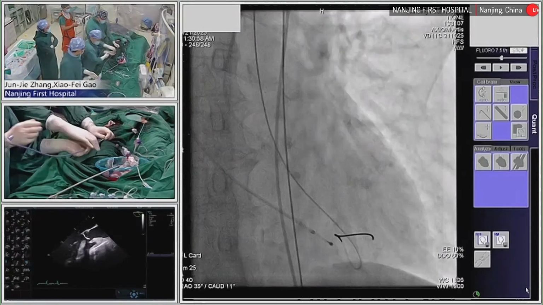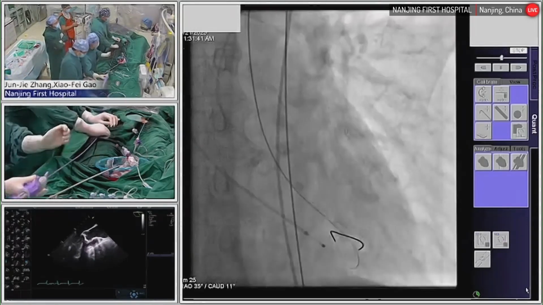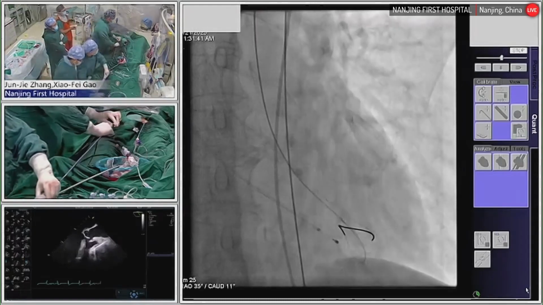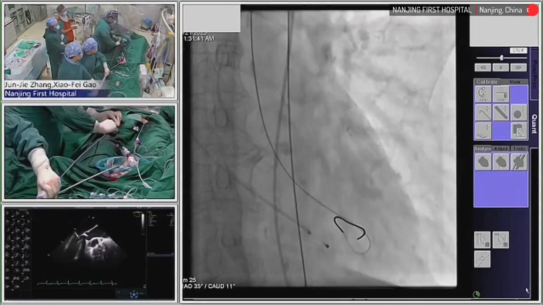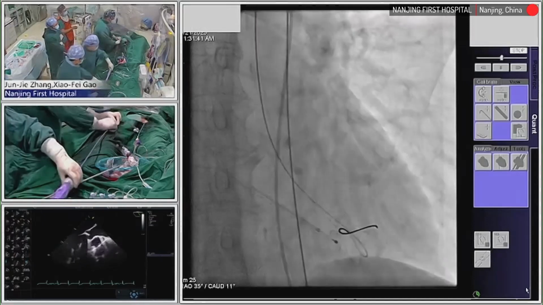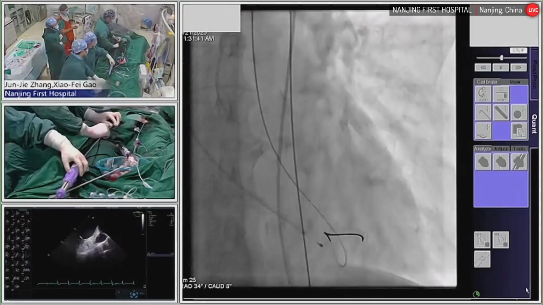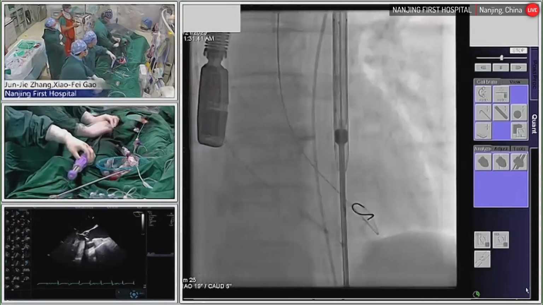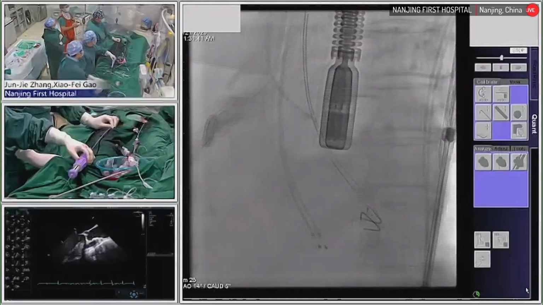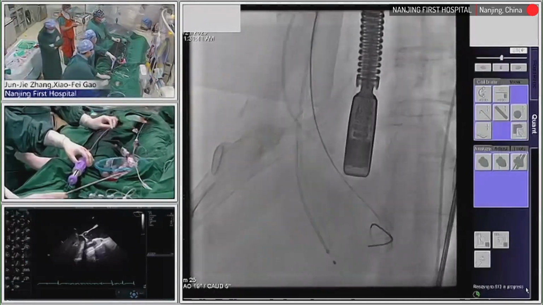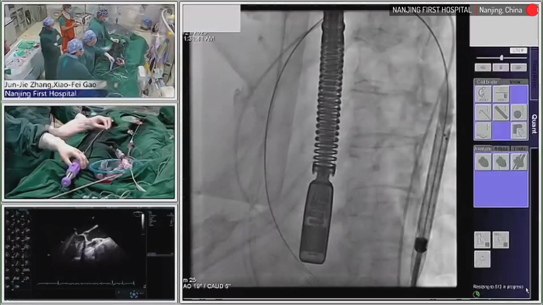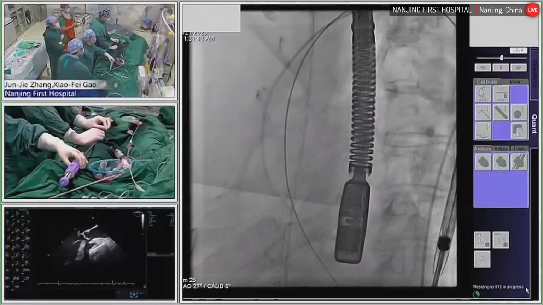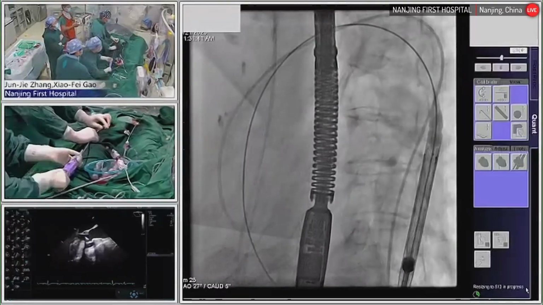According to the CT analysis, we designed to use a 23 Taurus valve. It's a third generation self-expanding domestic valve. Okay. Are you selecting the valve size based on the annulus parameter or supra-annular sizing? For this particular case, I think I'll still use the annular sizing.